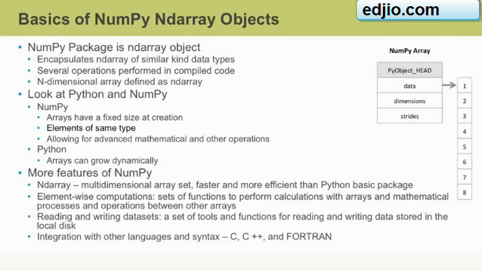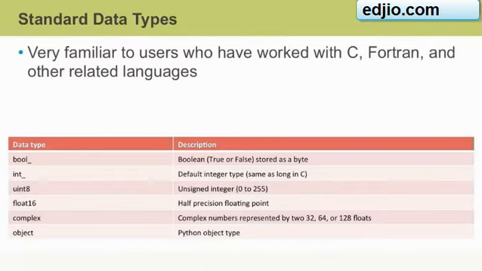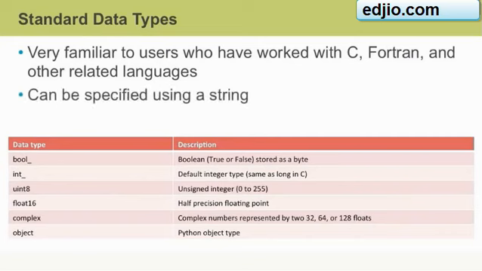NumPy uses standard data types that are already familiar to programmers who are used to C, C++, and Fortran, among other languages. A string may be used to specify a NumPy array's data type at array creation time, and you will either use standard Python types or NumPy specific types.